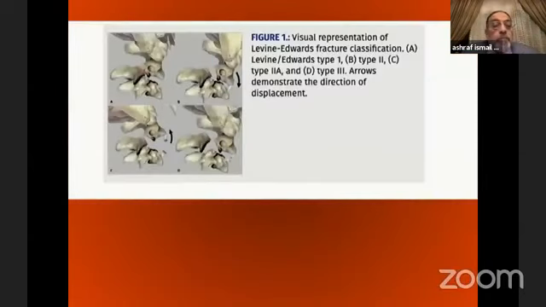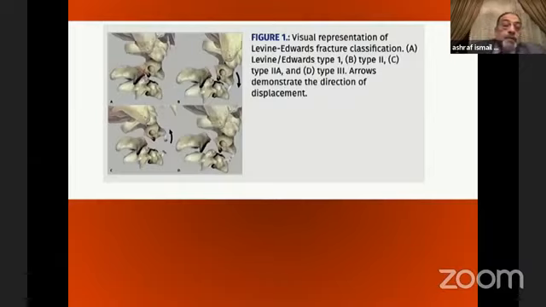As we see here, the arrow indicates the direction of the forces. With type A, there is hyperextension. With type B, hyperextension followed by forward deflection, leading to rupture of the posterior annulus.